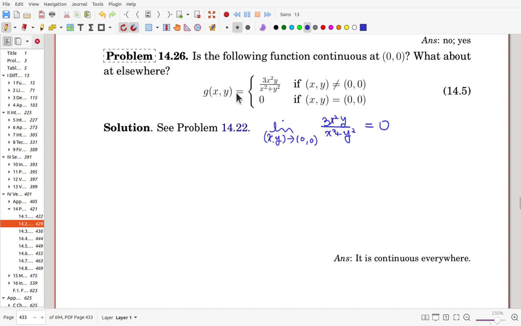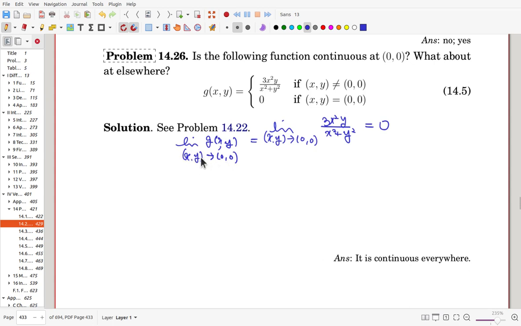And the function value, now, that one is the same as, in fact, the limit of g of (x,y) as (x,y) approaches (0,0). (x,y) approaches (0,0) means (x,y) is not (0,0) but becomes nearer to this point.